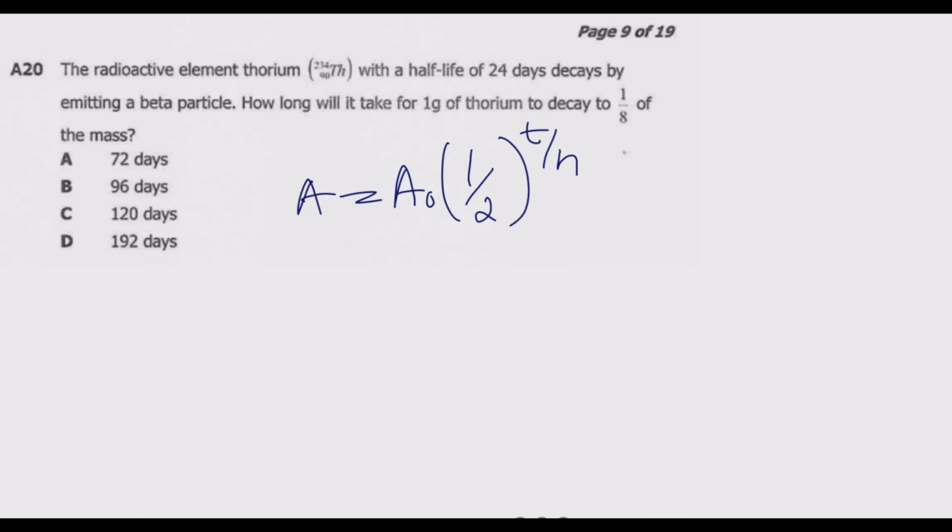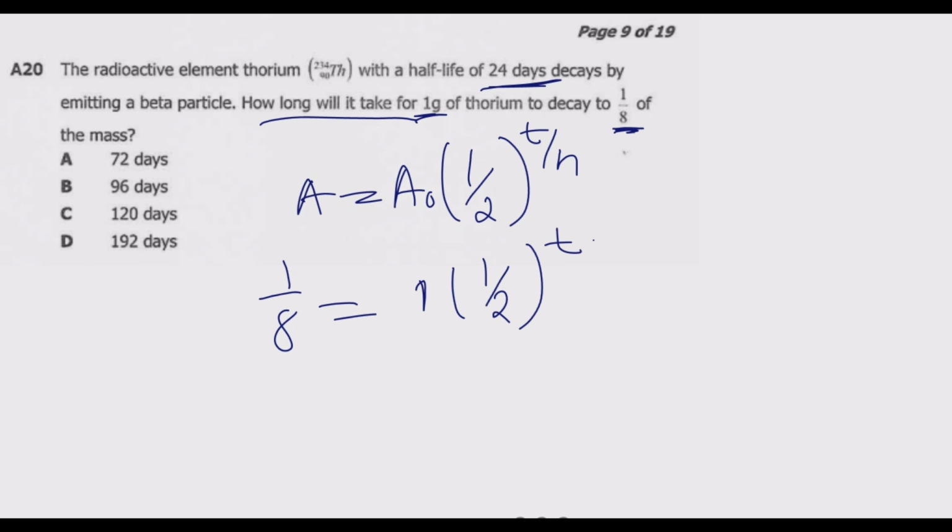In this case, the initial is 1 gram, then what remains is 1/8. So 1/8 is equal to the initial, which is 1 gram, multiplied by 1/2 to the power t over the half-life, which is 24 days. We are looking for the time, how long, which is t. 1 times anything is that thing, so we end up with 1/2 to the power t over 24.